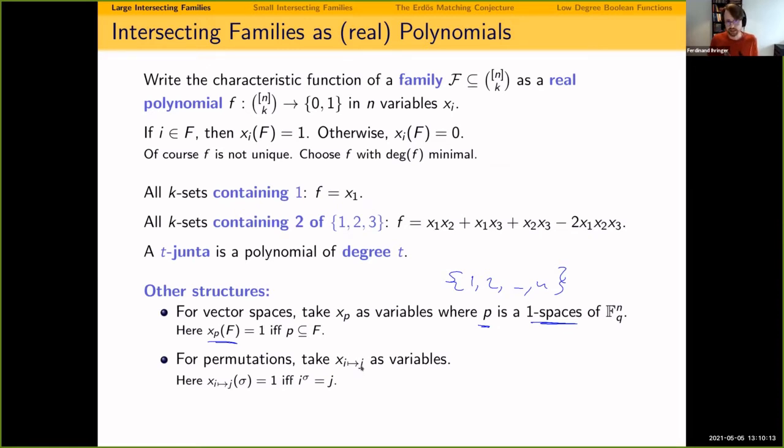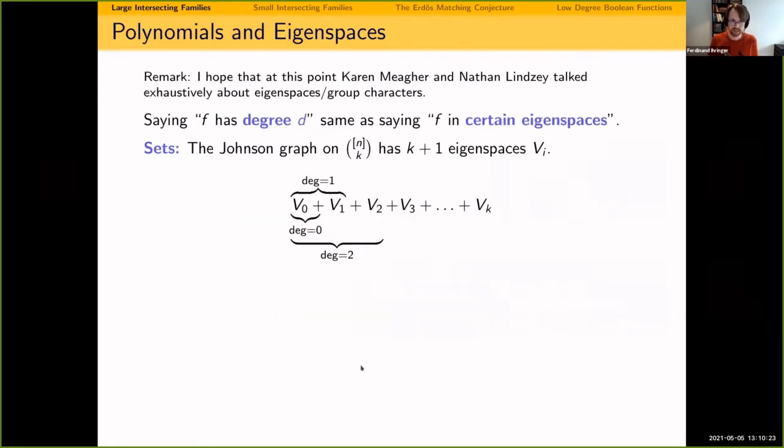Good. And now the last point I want to make before I begin with various problems is the connection to eigenspaces. Nathan discussed that exhaustively yesterday, and I was hoping that Karen and Nathan will discuss to some degree how all these nice families correspond to being in nice eigenspaces.